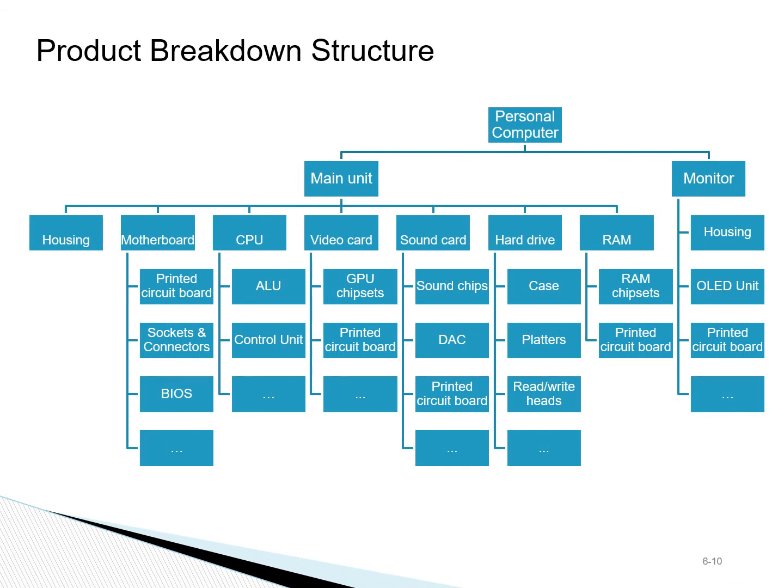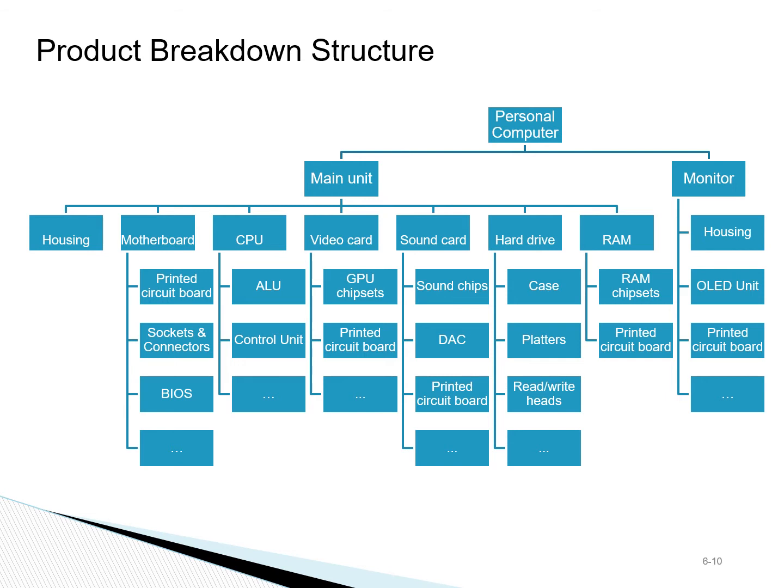We can also decompose a product similar to a project. When we look at the product breakdown structure, in this example, we are doing that for a personal computer, and we can break it down into the main unit and the monitor.